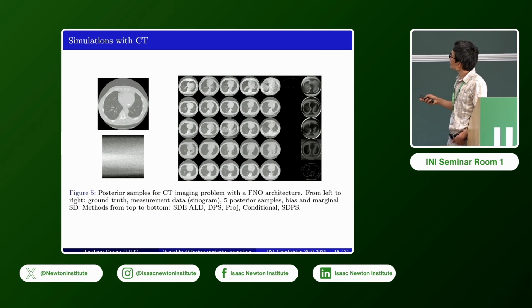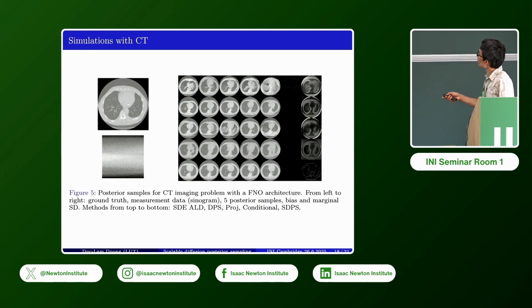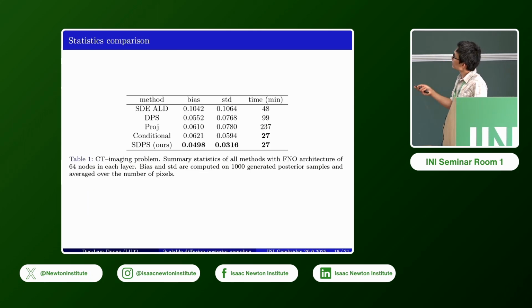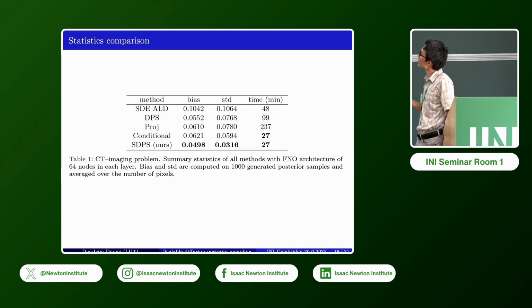And on the last one, we have our method. Here are the statistics of the comparisons. You can see that our method usually performs the best in terms of time, because we don't have to evaluate the forward map anymore during sampling. Everything is shifted to the training, which is quite similar to the conditional method.